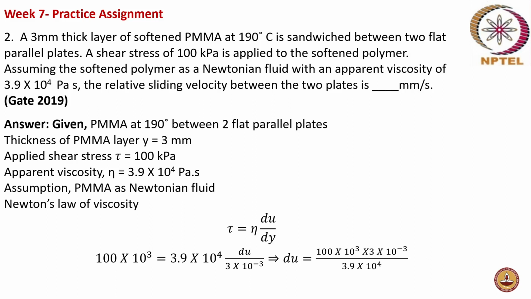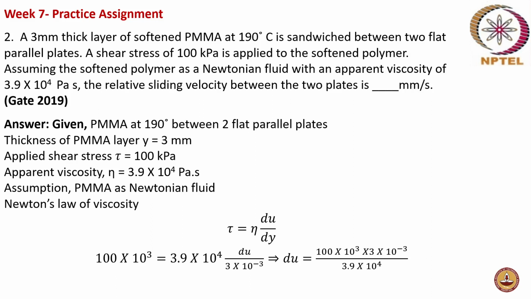So you have your shear stress, which is given as 100 kilopascal, and your apparent viscosity, 3.9 into 10 power 4 Pascal seconds. You are also given that the thickness of the PMMA layer is 3 mm. So substituting all these, you can find the sliding velocity between the plates.